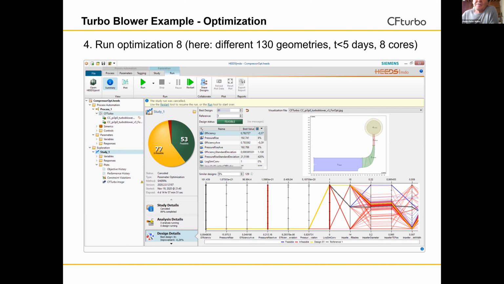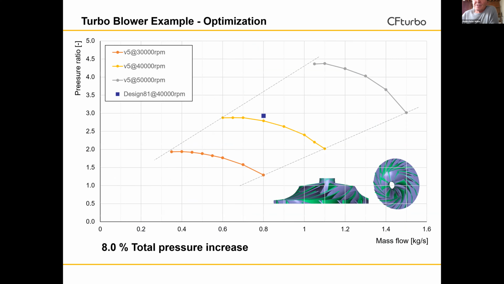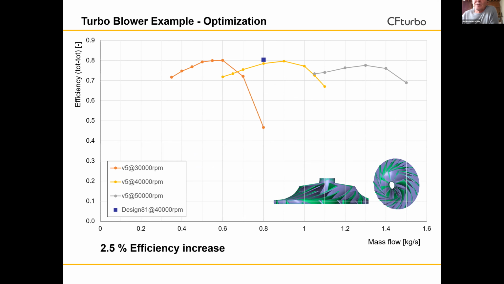And out of these, 53 designs reached our target, so we chose our best one. In our case, it was design number 81, which has some different parameters, as you can see. And the results can be seen here for this single design point. We raised the total pressure by 8% and the efficiency by 2.5%.